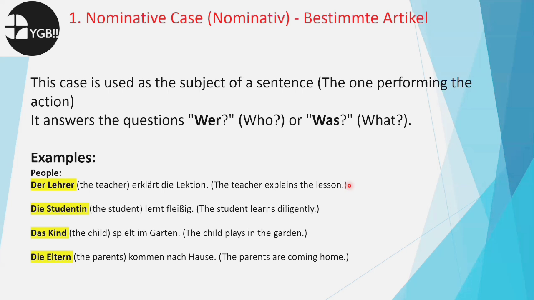For example, as I discussed earlier, wer erklärt die Lektion? Der Lehrer. Wer lernt fleißig? Die Studentin. Wer spielt im Garten? Das Kind, right? So when you get a question with wer or was, then you can understand that it's a nominative case.